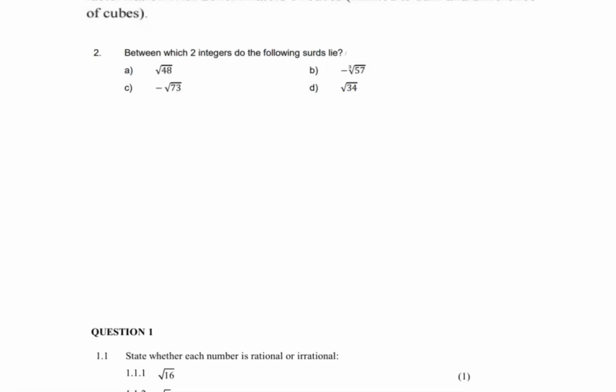So we have question letter A, you're given the square root of 48. To answer this question, first you have to know what the square root of 48 is in decimal form. So punching this on your calculators, you should get 6,93. Then we have to look for two integers.